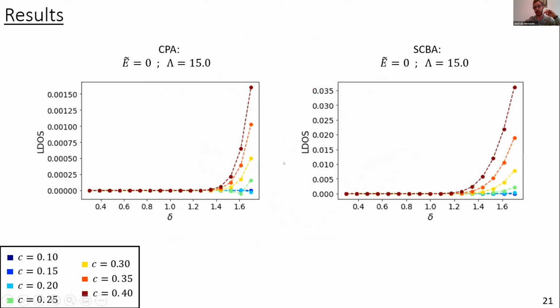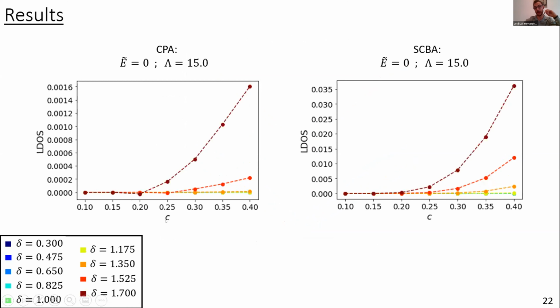As we will see, we can plot those states as a function of the disorder parameter, and we see the same behavior, but the SCBA again predicts higher values. We can also plot as a function of the concentration, and again, higher values for the SCBA, and it seems to have the same behavior. But what happens if we let the concentration go over 0.5?